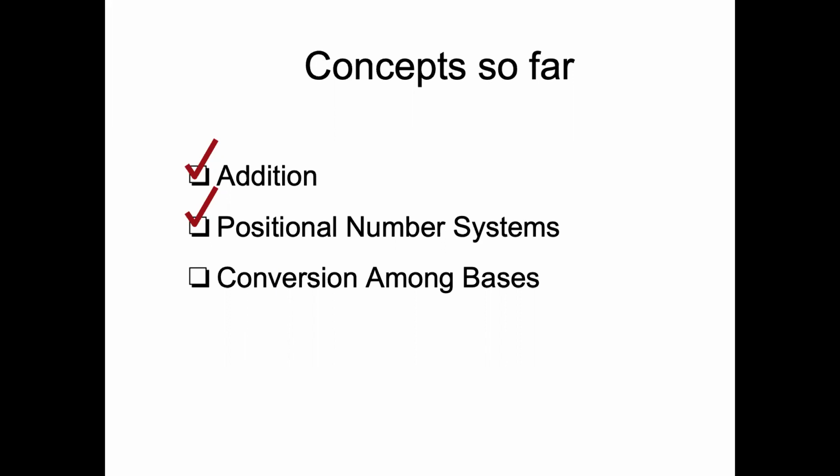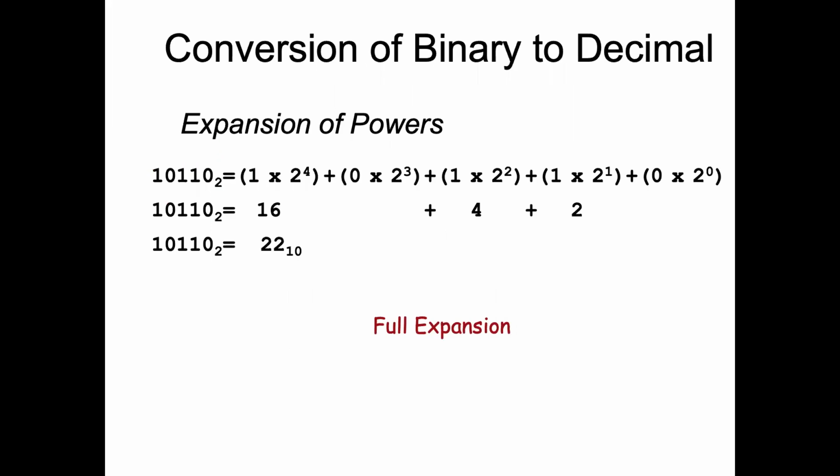To check our answer, we just used the definition of a positional number system to convert from binary into base 10. We did it with this example. So we just thought of or wrote down what a binary representation means. And then if we expand that in base 10, if we just do that math in base 10, that'll give us the value of a binary number in base 10.